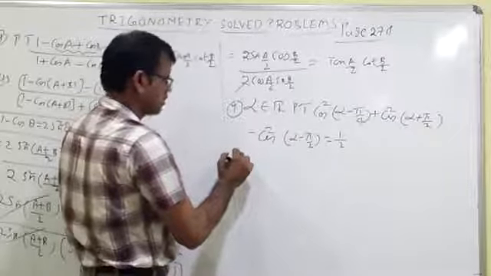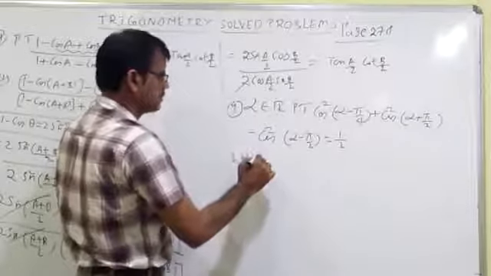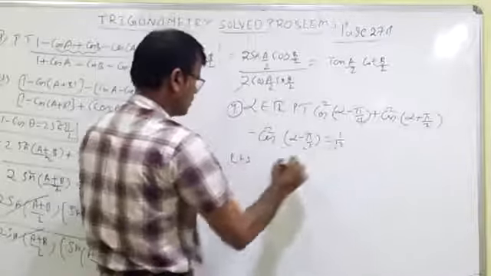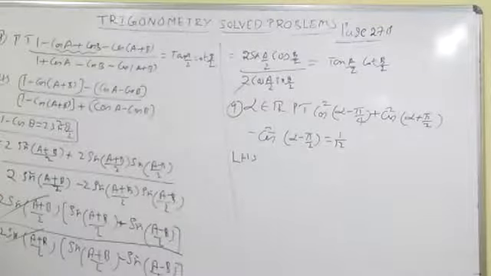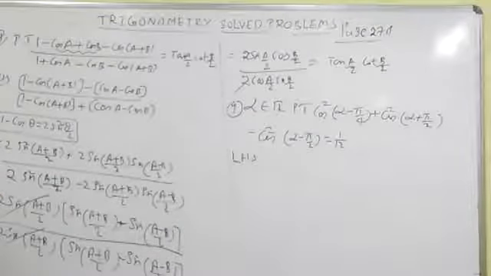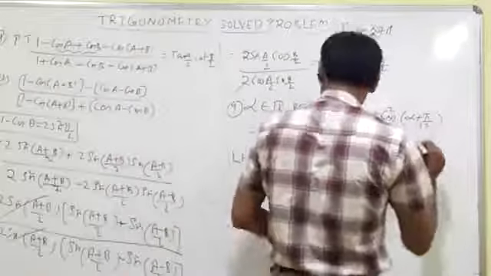Let us remember the formula. First take LHS. 1 by 2 only. Cos square of (alpha minus pi by 4) plus cos square of (alpha plus pi by 12).